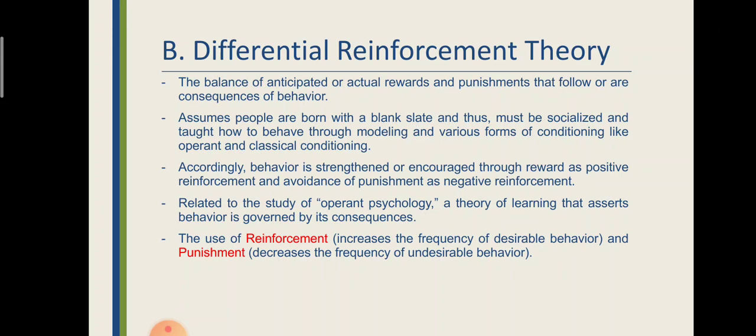So, this perspective assumes people are born with a blank slate and thus must be socialized and taught how to behave through modeling and various forms of conditioning like operant and classical conditioning.